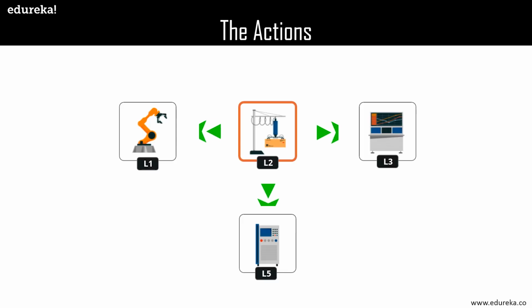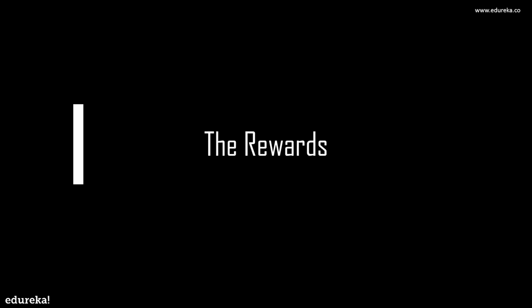As you might have already guessed, the set of actions here is nothing but the set of all possible states of the robot. For each location, the set of actions that a robot can take will be different. For example, the set of actions will change if the robot is in L1 rather than L2. So if the robot is in L1, it can only go to L4 and L2 directly. Now that we are done with the states and the actions, let's talk about the rewards.